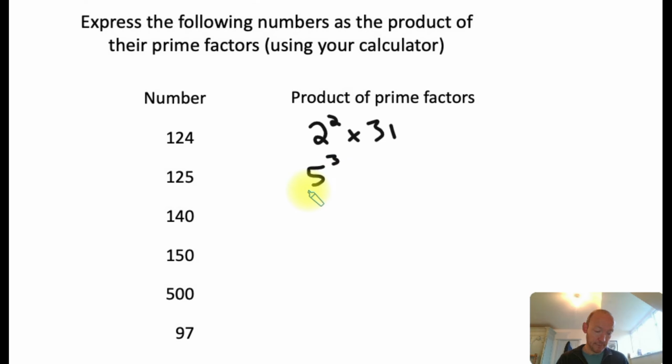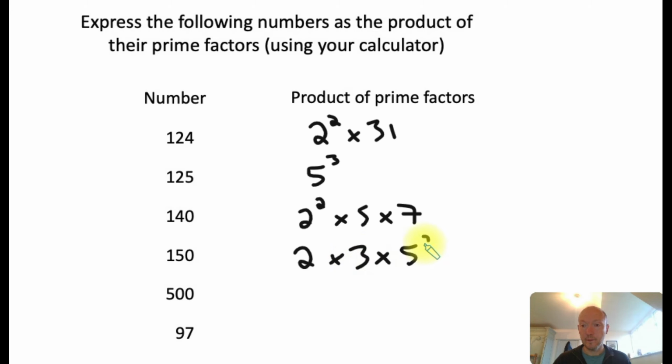So equals shift fact, and I get that to be 2 squared times 5 times 7. 150, again, 150 equals shift fact is 2 times 3 times 5 squared. And 500 equals shift fact, and we get 2 squared times 5 cubed.